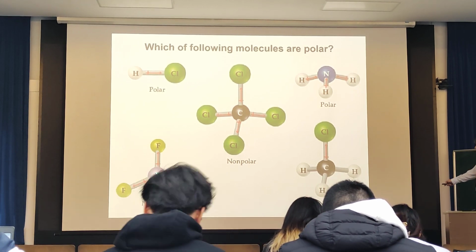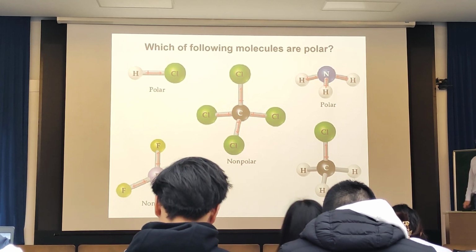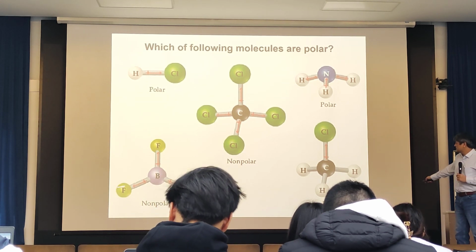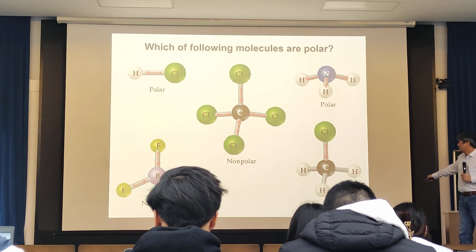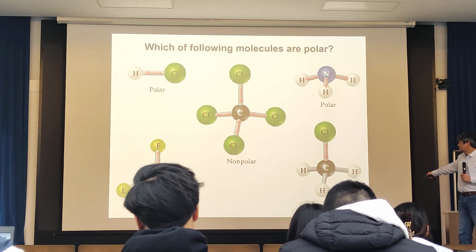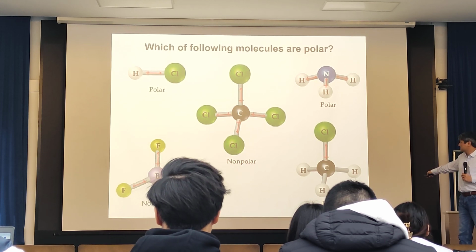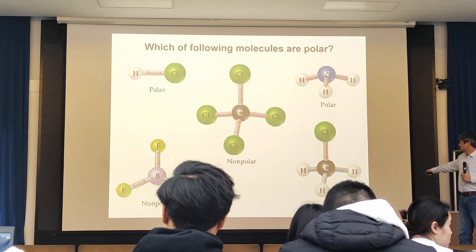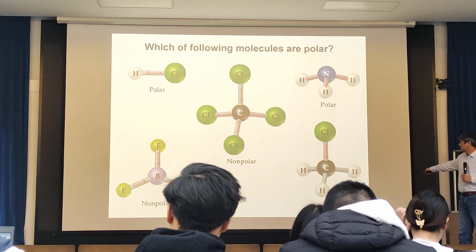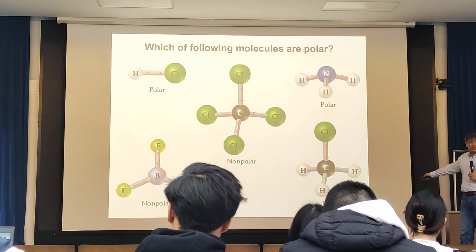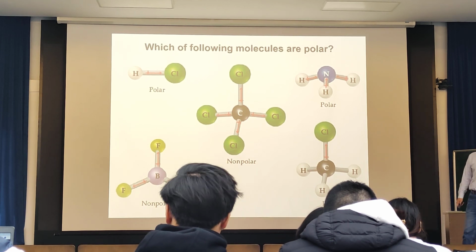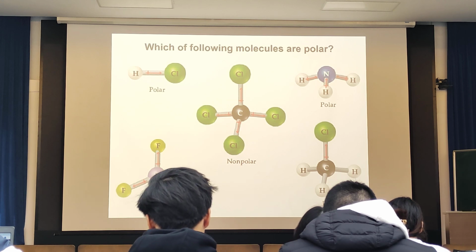In this compound, the bond between the fluoride and chloride is polar, but because it's in a triangle like this, if you take the total vector of this one, you will have this, and this will subtract this one, right? So the total vector of this compound will be 0. So this compound is non-polar.